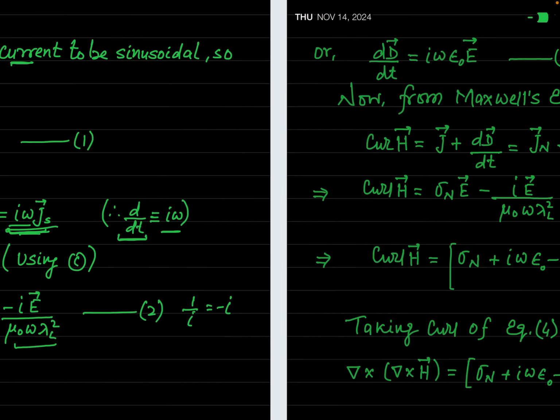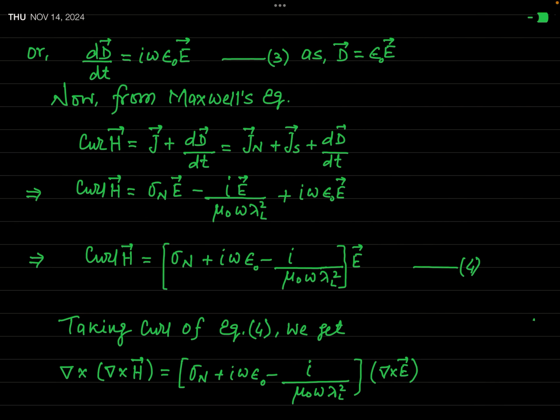Now actually from here you can see that dD/dt is equal to iota omega epsilon naught E. Why? You know, this displacement vector D is related to the electric field vector by this relation: D is equal to epsilon naught E if you neglect the polarization.